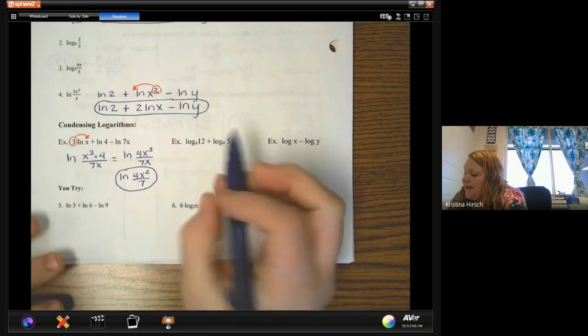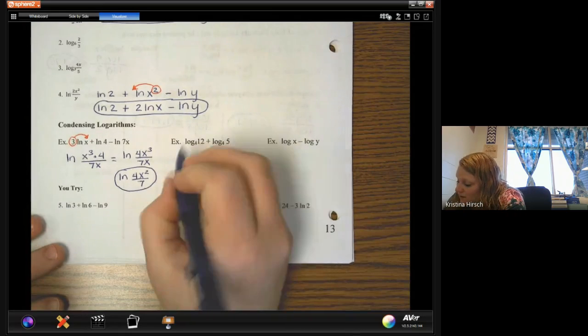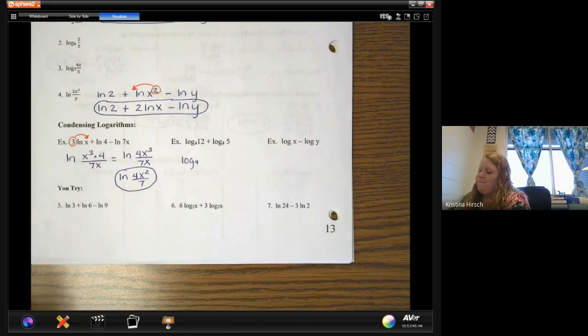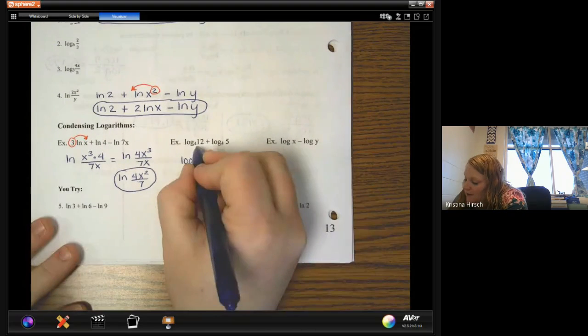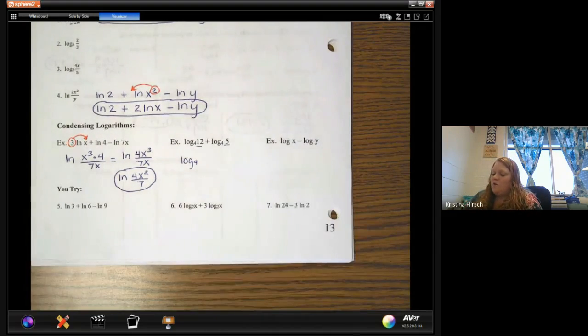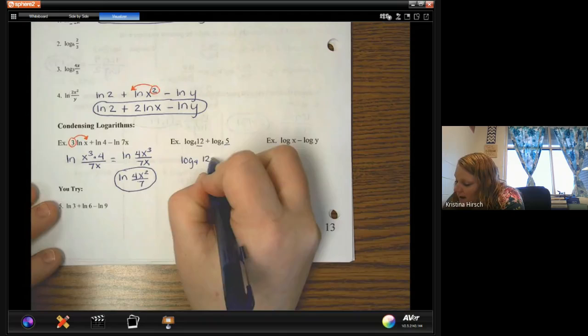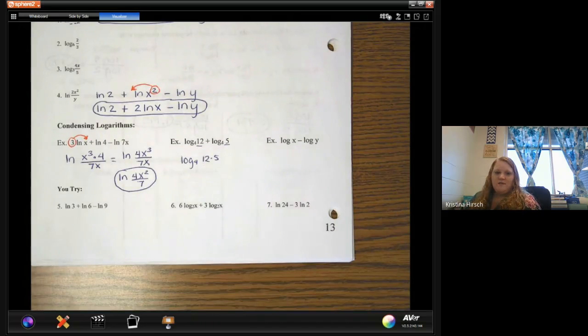So here we have two things. We're going to deal with the log base 4. We're only writing that part down one time. But we have a 12 and we have a 5. Well, 12 and 5 are going to actually get multiplied, so 12 times 5, because the opposite of the addition property is that you multiply.